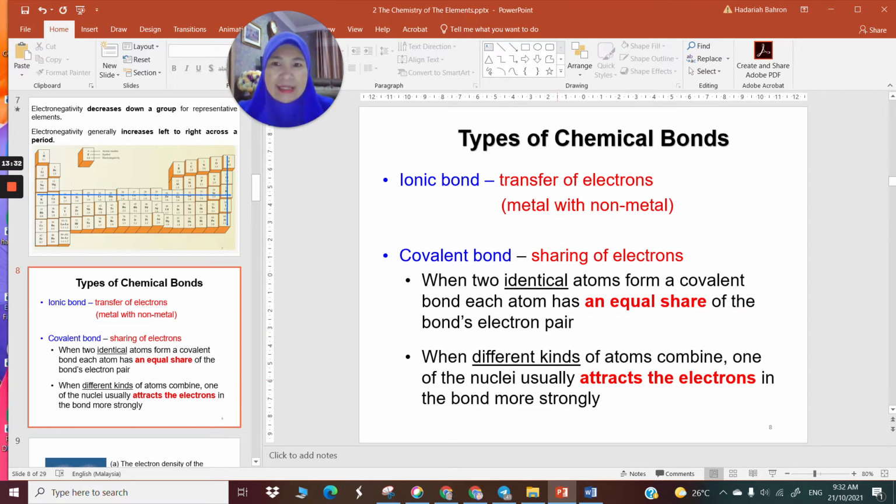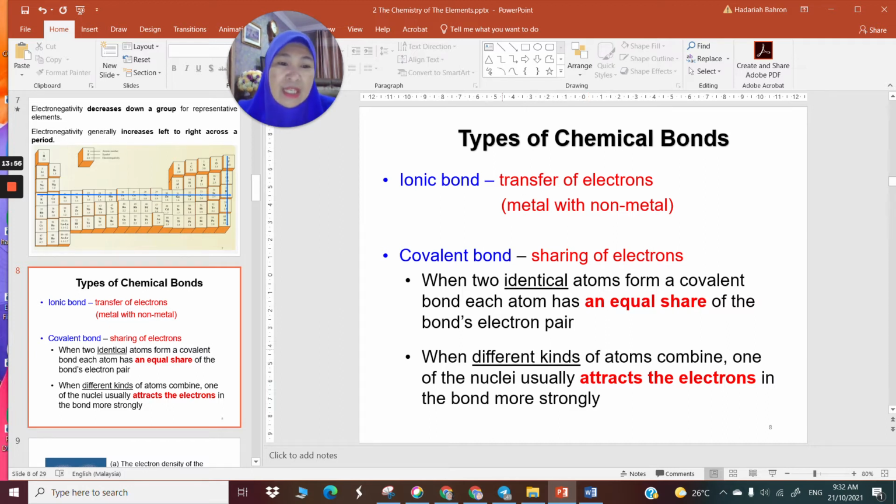The second type of covalent bond is when you have different atoms combined, for example hydrogen and fluorine. The two are obviously different atoms with very different Pauling's electronegativity values.